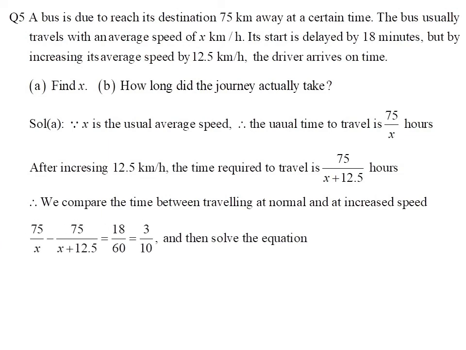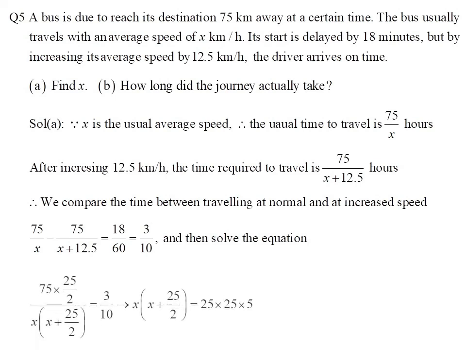Please note this 18 minutes has to be converted to 18 over 60 hours. So the established equation is shown on the screen: 75 over x minus 75 over the sum of x and 12.5 equals 3 over 10.